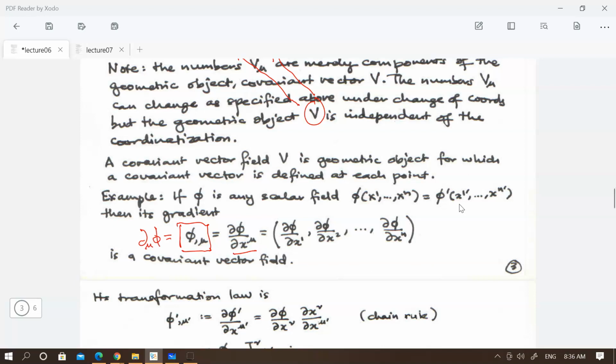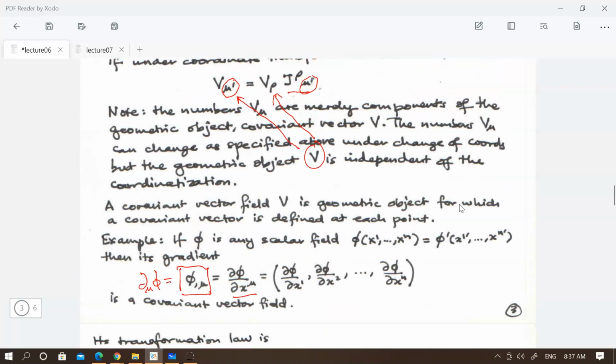So now this thing would be defined on all points of the space. This, with the index at the bottom, just like the one we mentioned before, is a covariant vector.